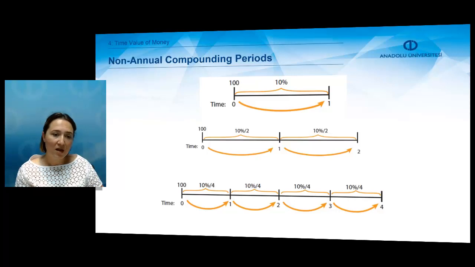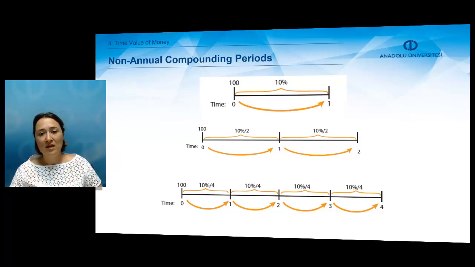If our periods are 1 month, then we have to use 1 month's interest rate. How can we find 1 month's interest rate in that situation? If the annual interest rate is 10%, then we divide 10% by 12, because we have 12 months in 1 year.